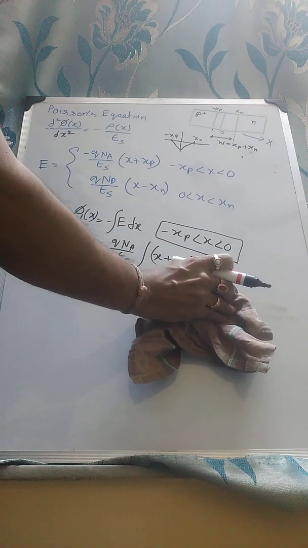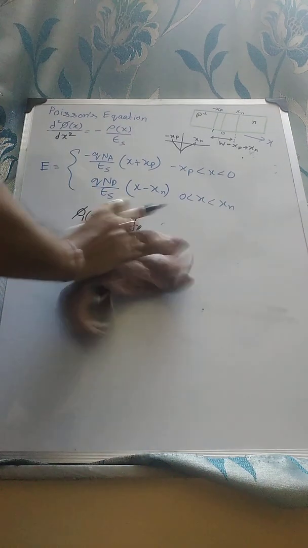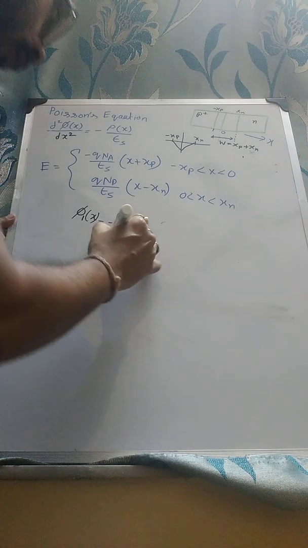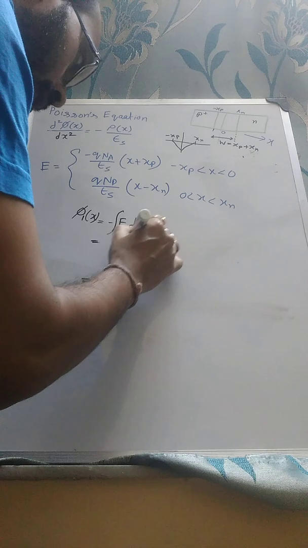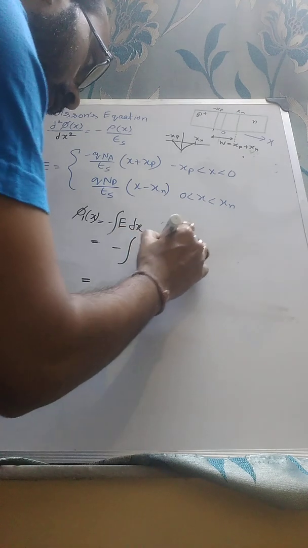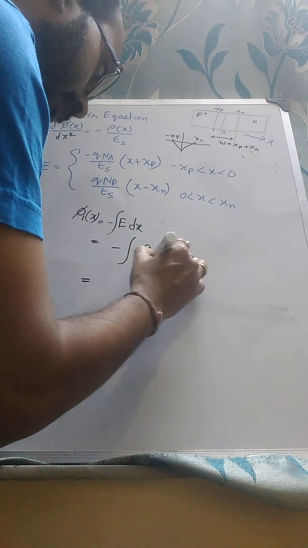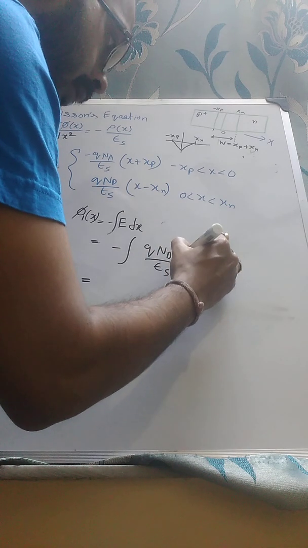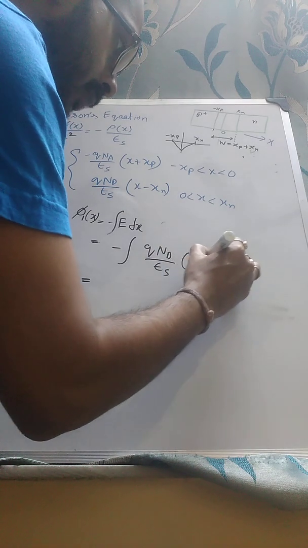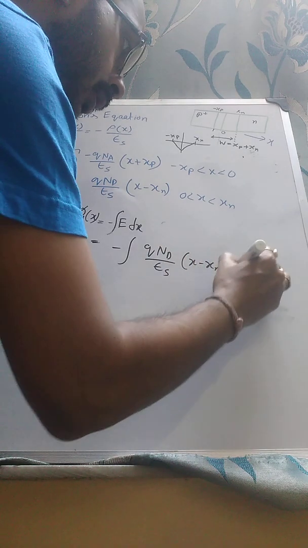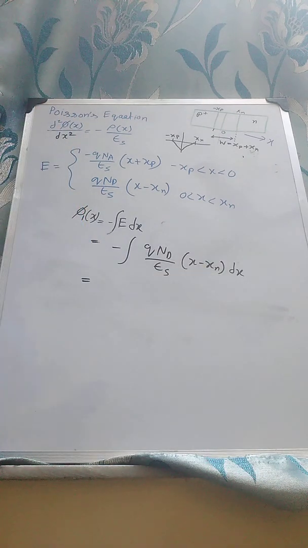Now for the interval between 0 and xn, we have to change our value of E. So it would be minus of q nd by epsilon s, integral of (x minus xn) dx, right?